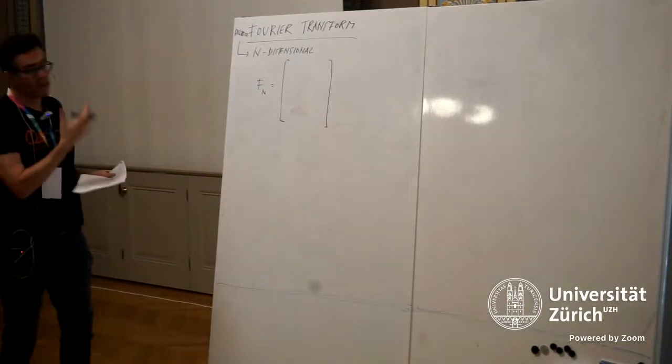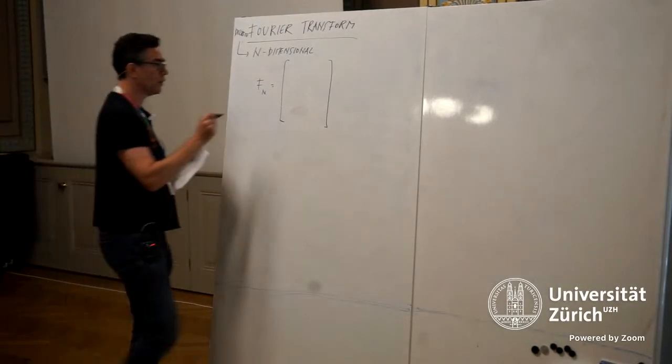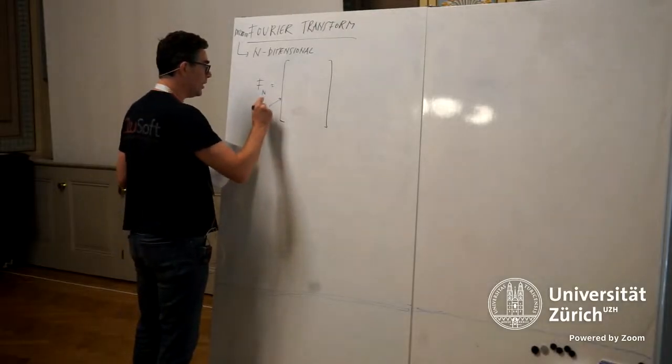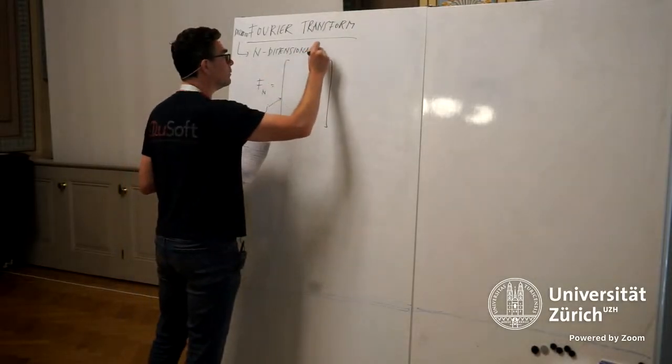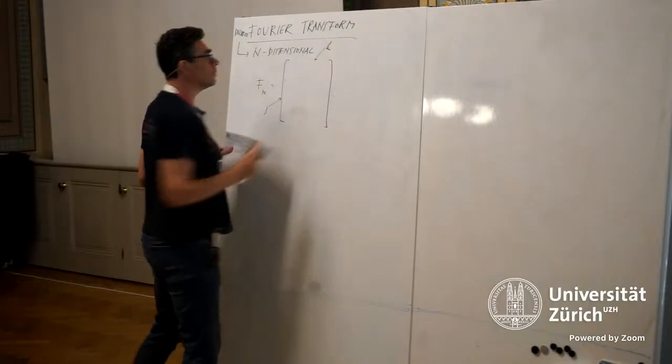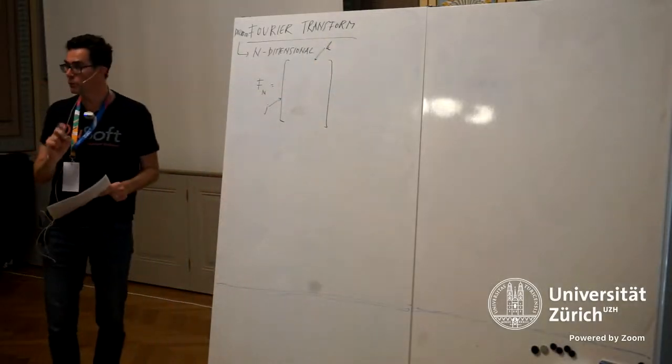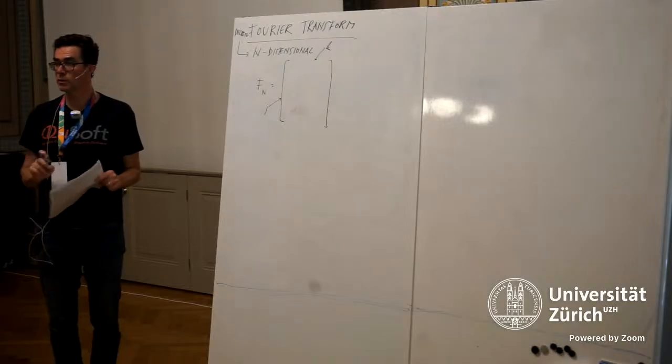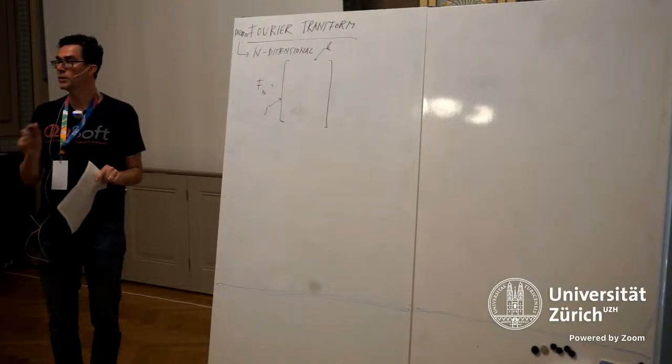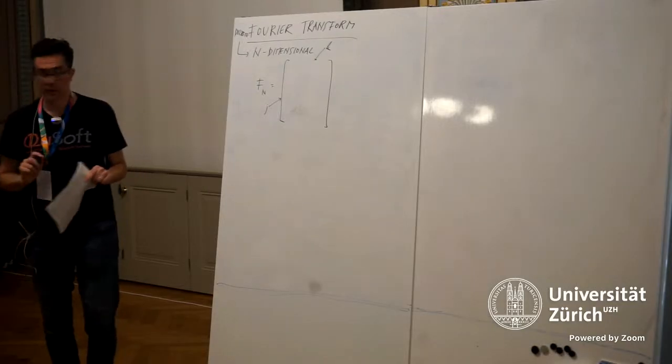And I'm going to index the rows and the columns of this matrix by J and K respectively, where these are integers that range between 0 and capital N minus 1. So I'm a theoretical computer scientist, and that means that I number things starting from 0.